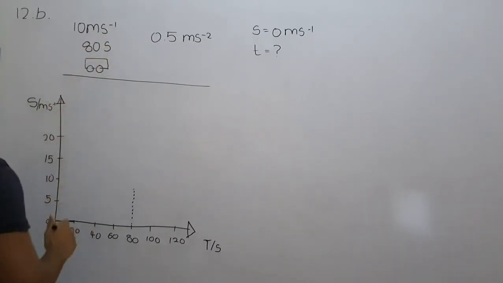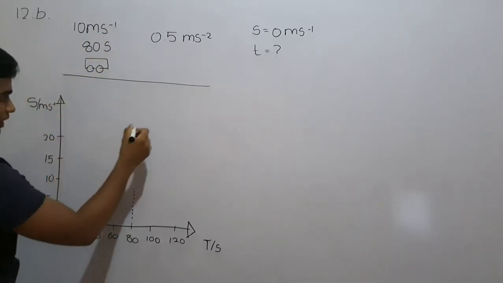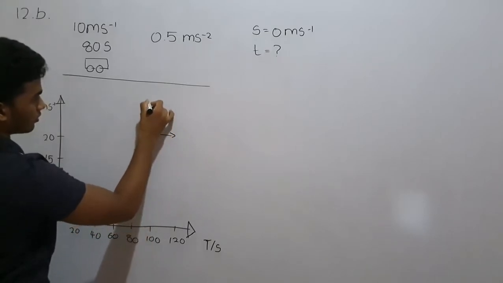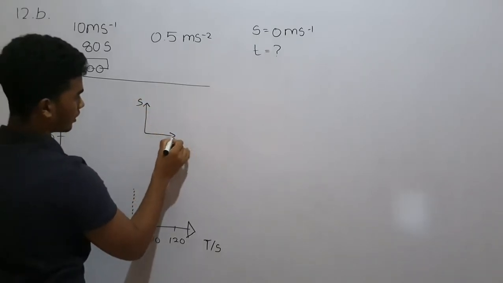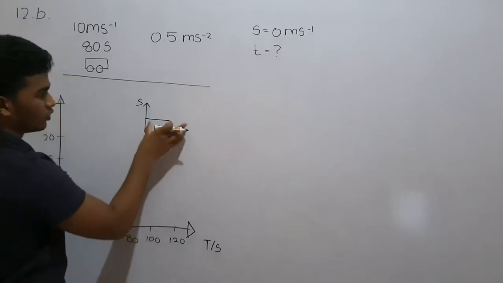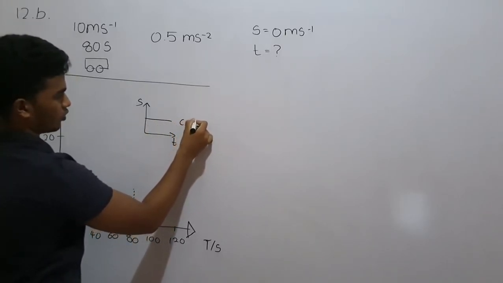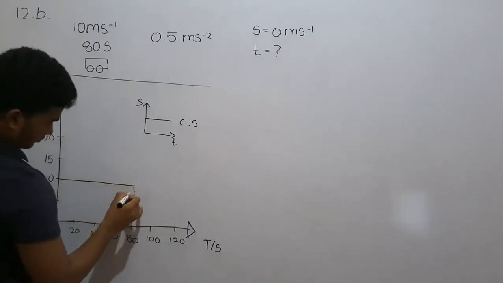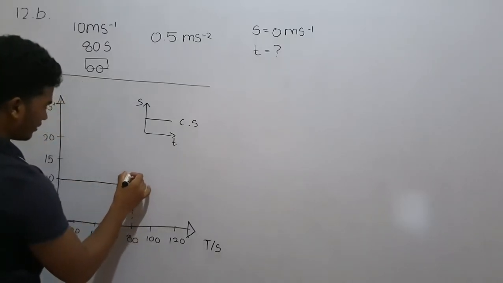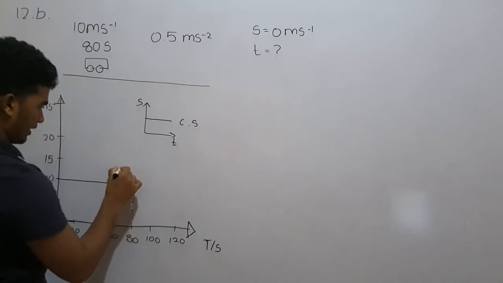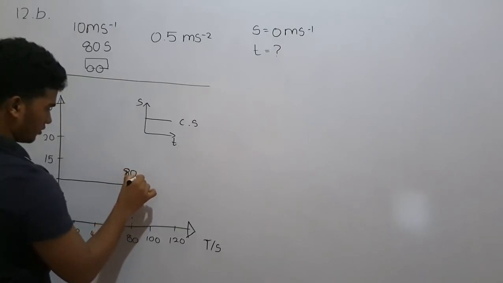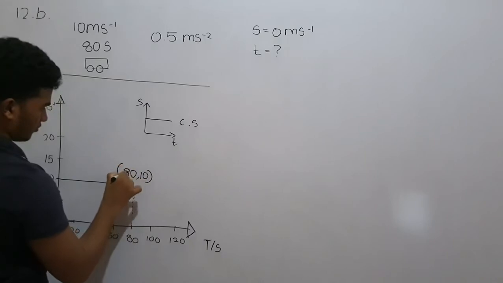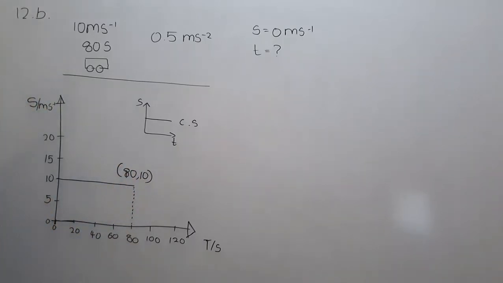In a speed time graph, constant speed is represented using a straight horizontal line. So we know this point as 80, 10.